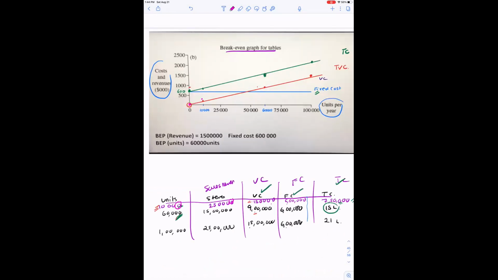If I produce 60,000 units, my total revenue is 15 lakh. If I am producing 1 lakh units, my total revenue is 25 lakhs.